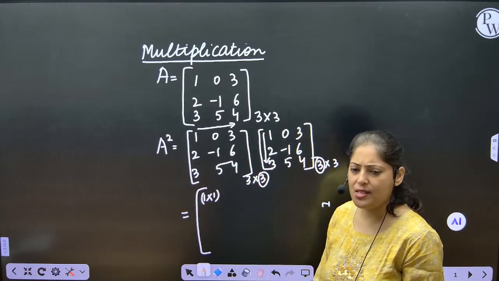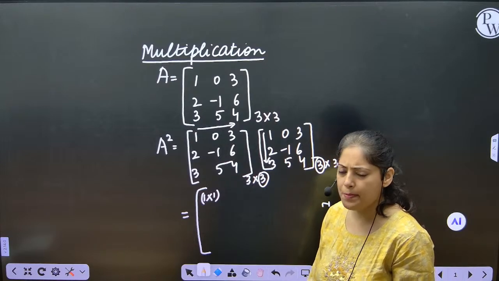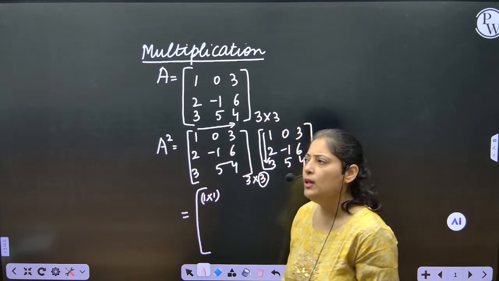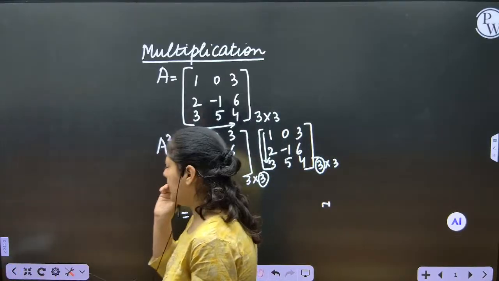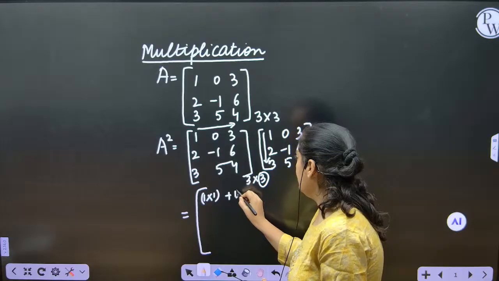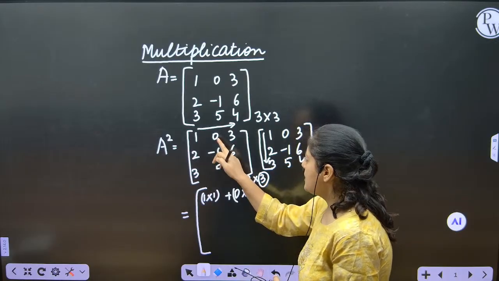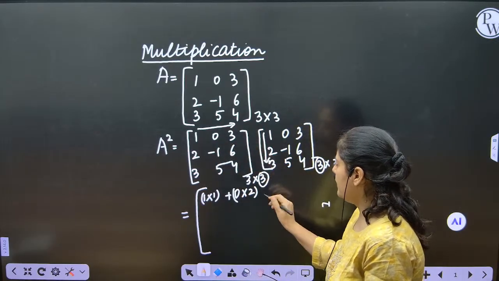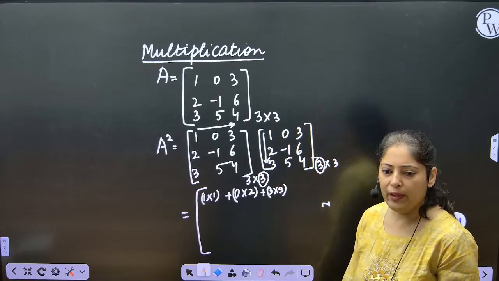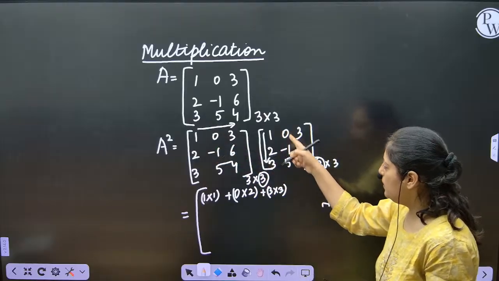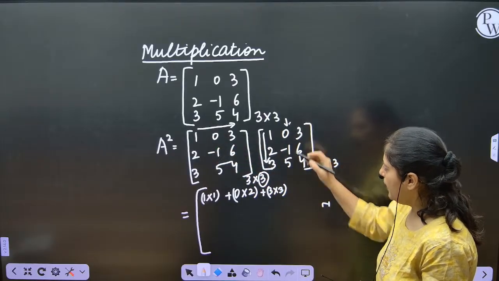Initially, in a few lectures I am showing all the steps, but later on when you have done so much practice, we can skip this step. So 0 into 2, second element, third element, 3 into 3.